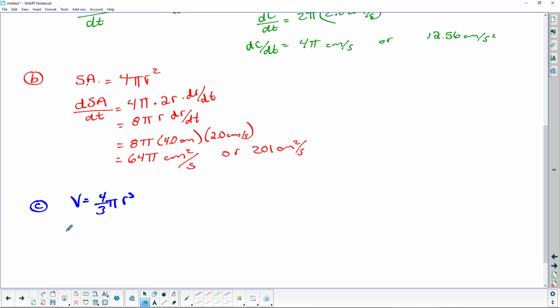So we're going to take the derivative. This is dV dt with respect to time. 4/3 pi is just a number. Then we go take the derivative of r, so 3r squared, and then we have to multiply that by dr dt.